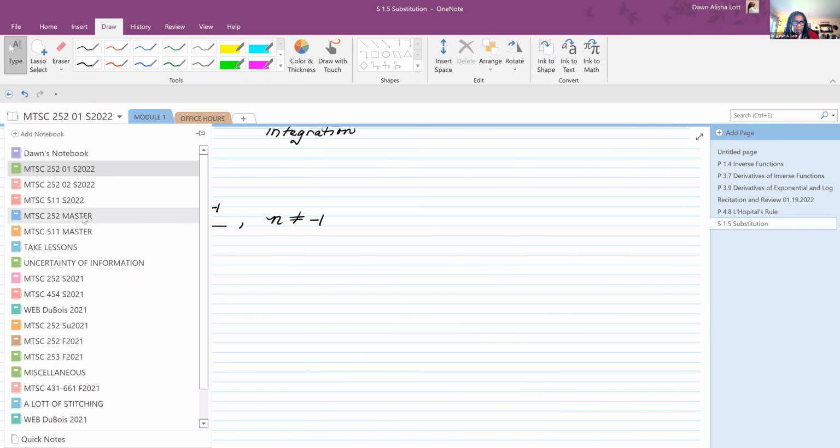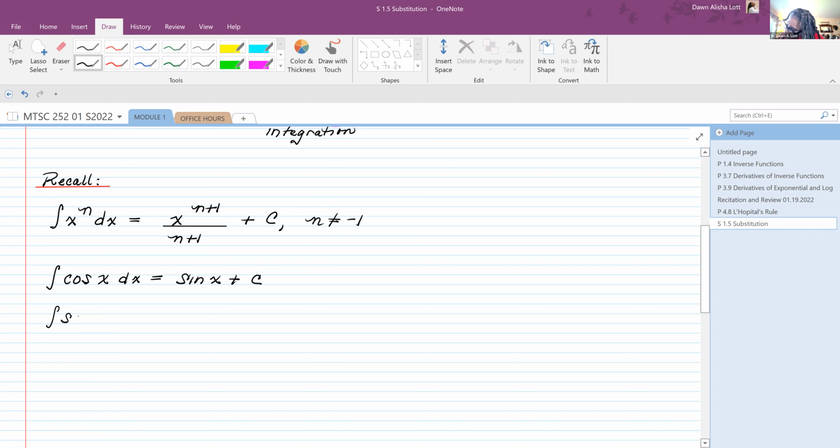The integral of sine x dx is negative cosine x plus c.